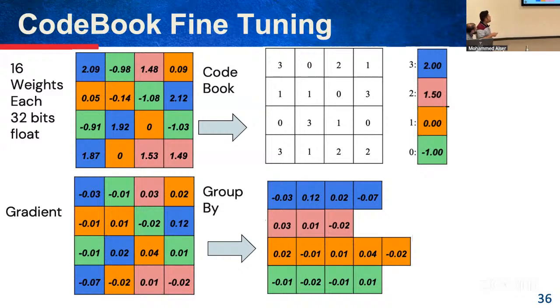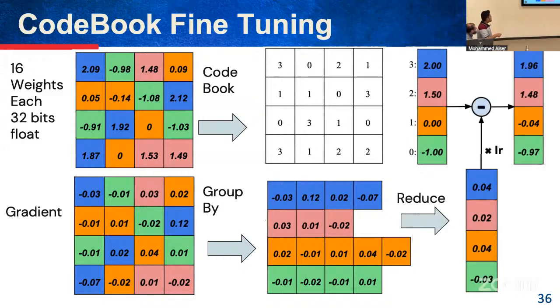Then they tuned the cluster centers using the gradient. Previously the cluster centers were based on these weights, and by calculating back propagation they updated the cluster centers and updated the codebook.